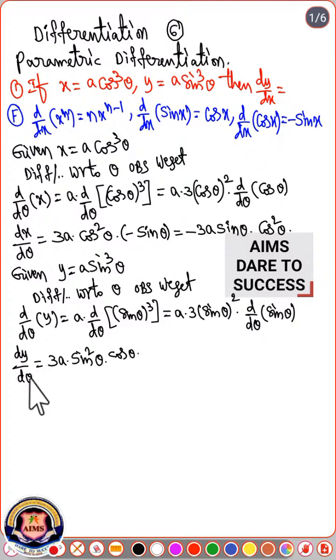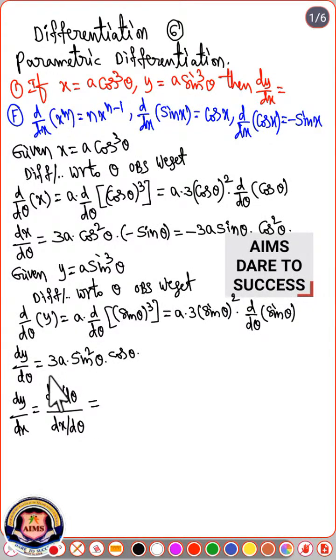So we have completed dx by d theta and dy by d theta, but they are asking for the dy by dx value. To get dy by dx, it is dy by d theta divided by dx by d theta.